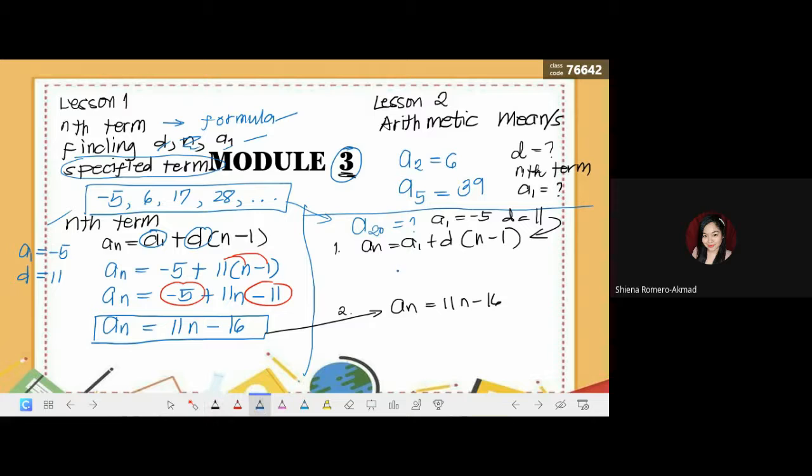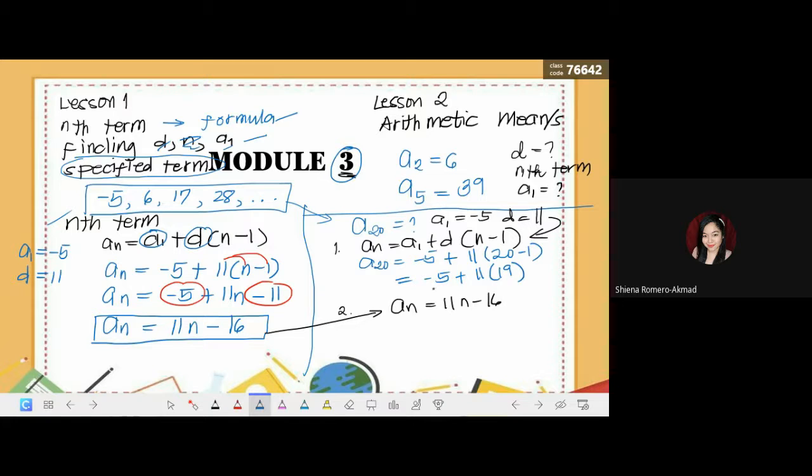So, substitute natin. So, magiging A sub 20 equals A sub 1, negative 5, plus 11 times 20 minus 1. We'll have negative 5 plus 11 times 19. And what is 11 times 19? Pakitype here ang answer nyo.